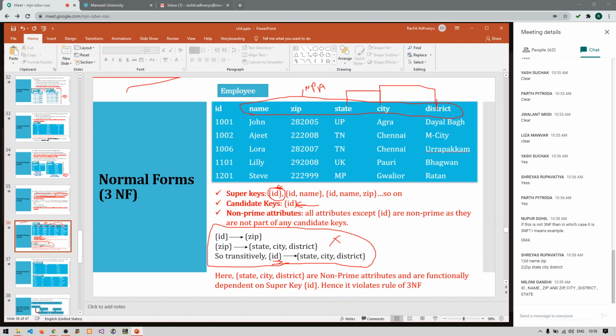Yeah, any other answers? You just need to check and try to remove the transitive functional dependencies. That's it, on super keys. That is the most important part. If you have any super keys in your table, then you try to remove that particular part.